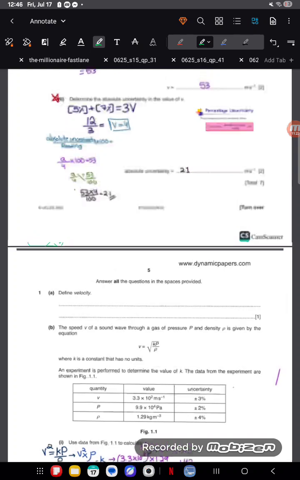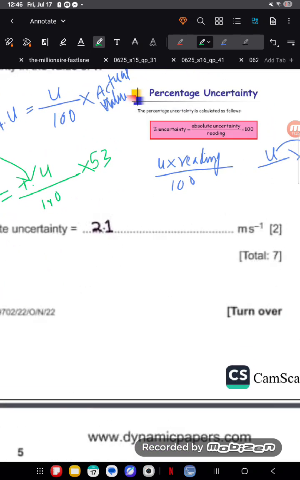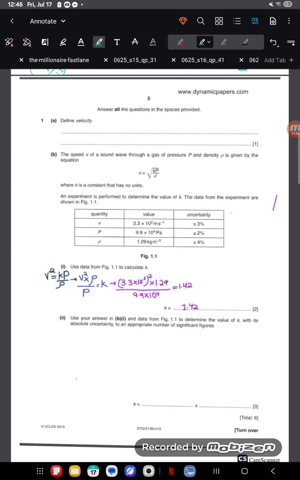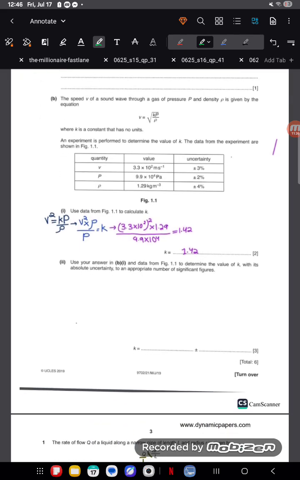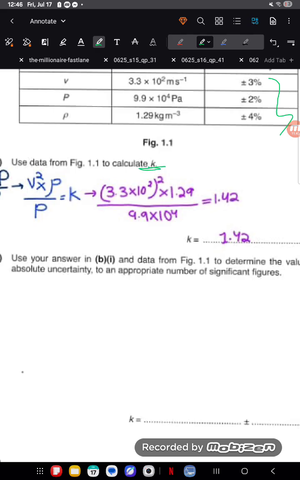Now here don't get confused again. So now let me show you one. What is the thing? K. You have to make K the subject.